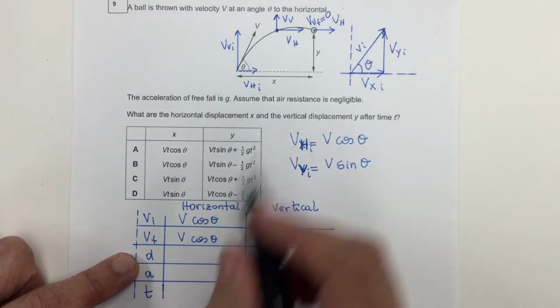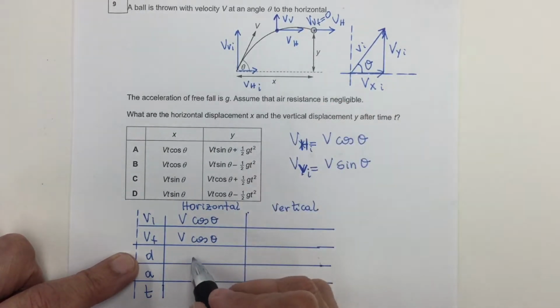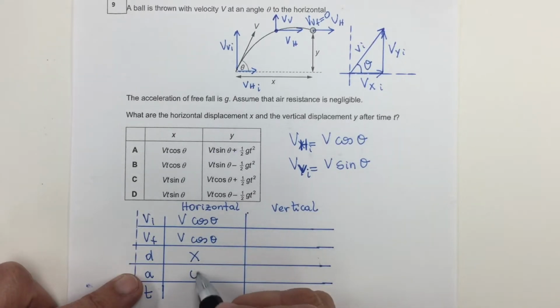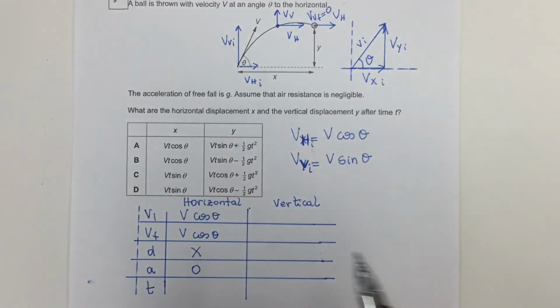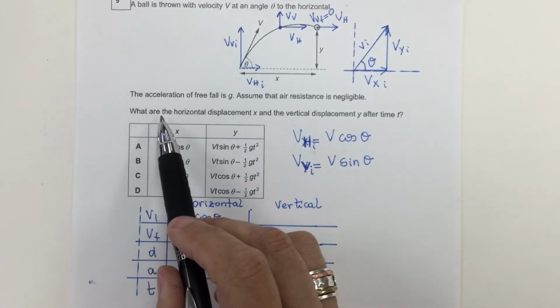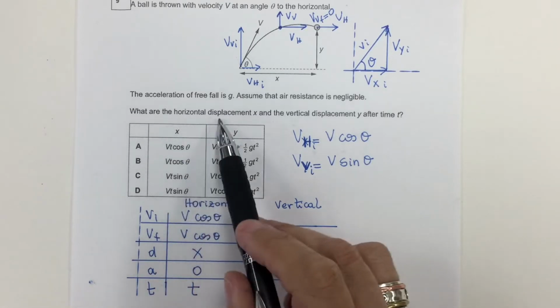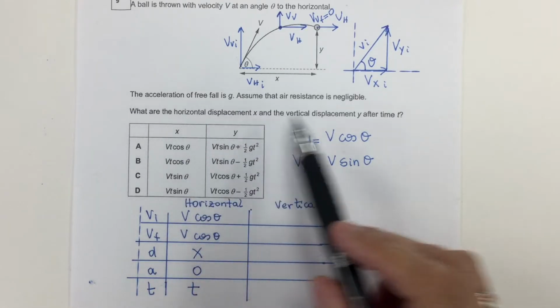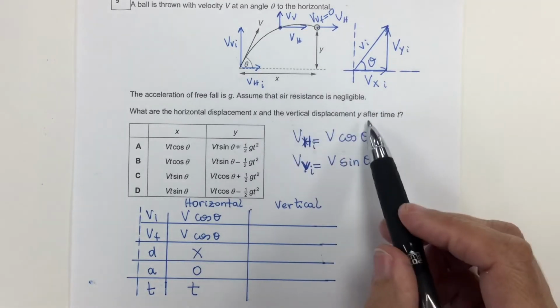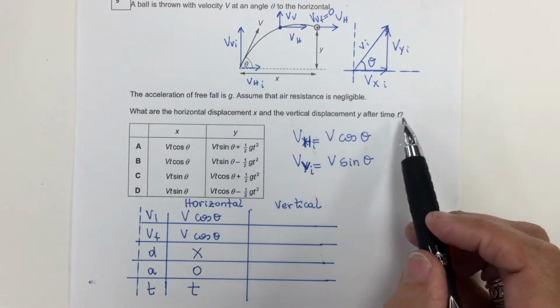The distance horizontally is x, and the acceleration here is 0. There is no acceleration horizontally, and time will be t. The reason is that the horizontal displacement x and the vertical displacement y are going to happen at the same time t.